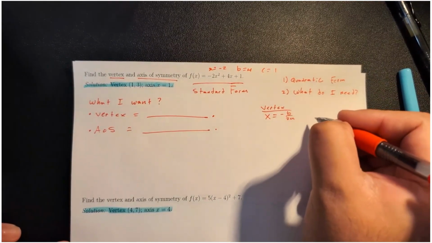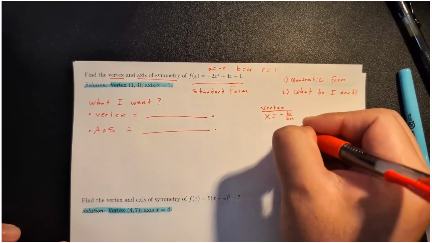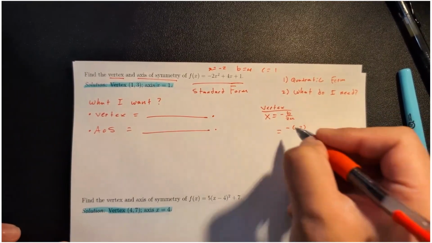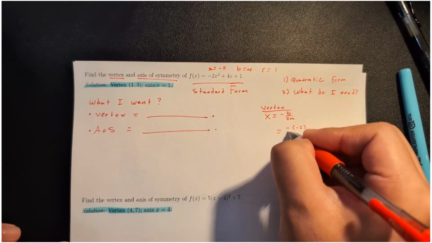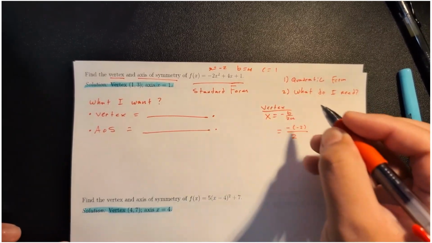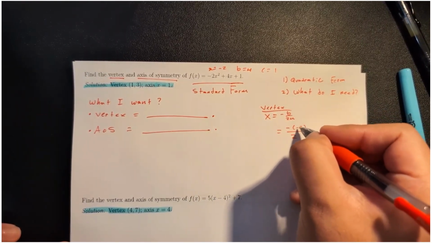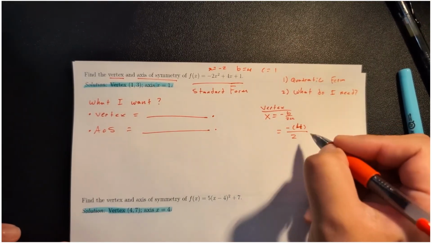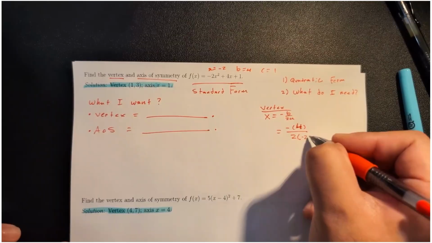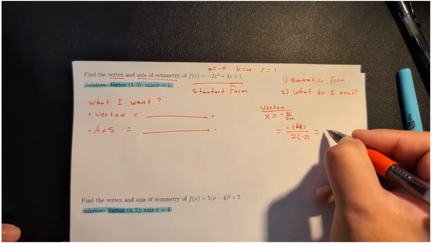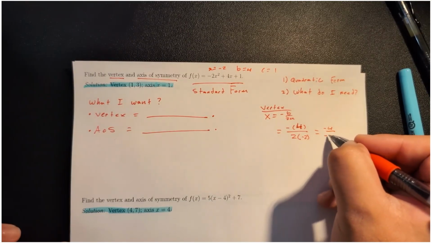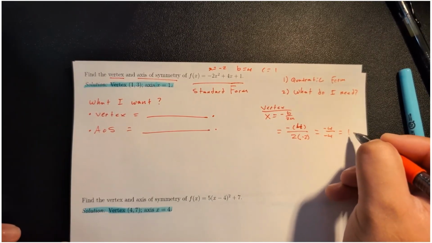So I plug it in. Negative b, so negative 4, and then on the bottom, 2 times negative 2 is negative 4. So we just have positive 1.